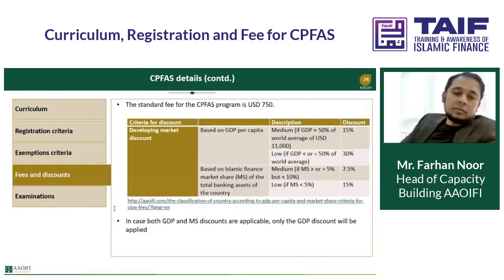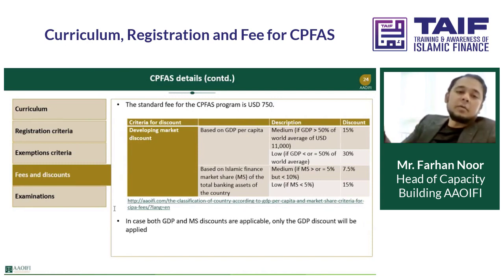Regarding the fees and discounts, the standard fee of the program is $750, okay? And we are offering a developing market discount based on GDP per capita criteria and Islamic finance market share criteria. So for example, if your country of residence is Bahrain, then Bahrain has high GDP per capita and high Islamic finance market share.